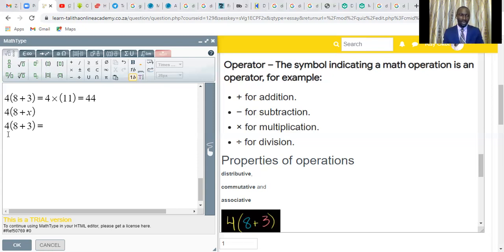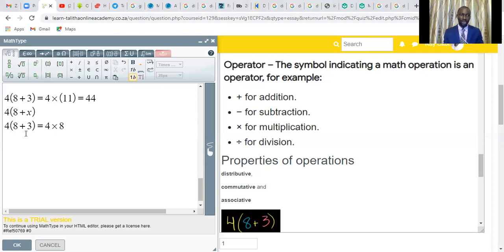The quantities inside the bracket this time are 8 and 3. Since the sign between them is multiplication, we can write 4 distributed onto 8.